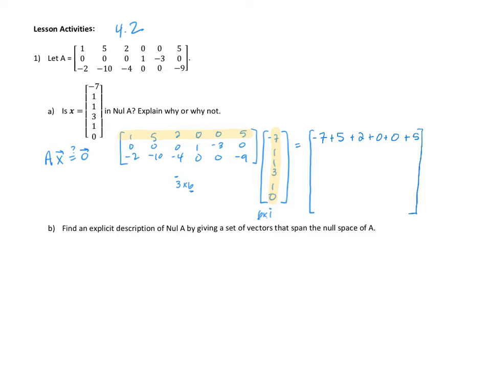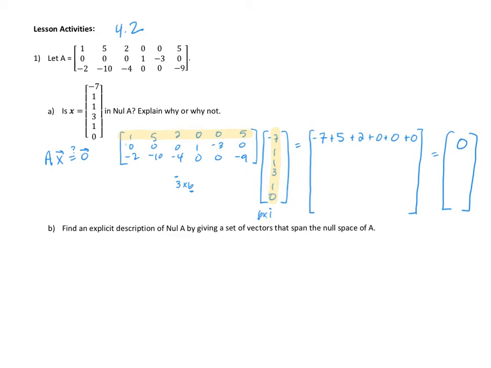5 times 0 is 0. Okay, so that is going to give me -7 plus 5 plus 2 is 0. Okay, so now I keep going.